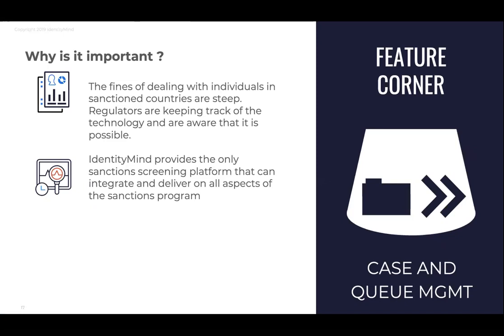Regulators understand that technology is evolving, and they are aware that technologies such as this do exist. So it is important for you, if you're dealing with this, that you do the best you can to monitor countries that might be sanctioned or might be of high risk.